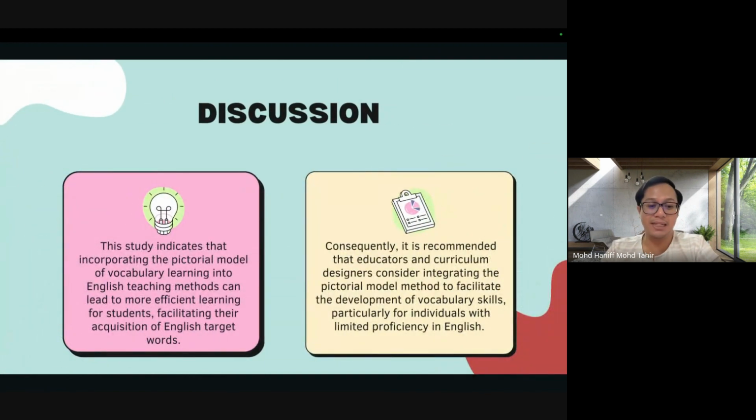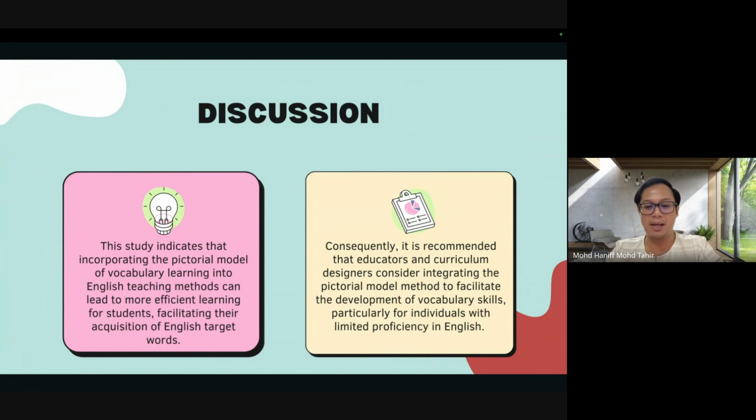In terms of the discussion, this study indicates that incorporating the pictorial model of vocabulary learning into English teaching methods can lead to more efficient learning for students, facilitating their acquisition of the target words. The students, based on the intervention from the module, found out they have actually learned the target words better, and they have actually acquired the target words according to their expectation.